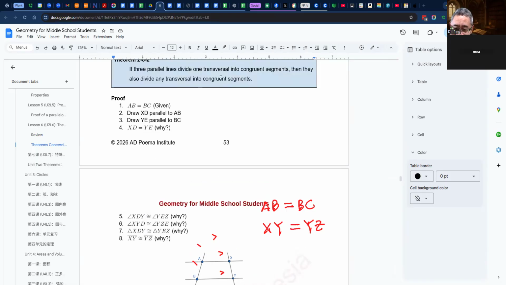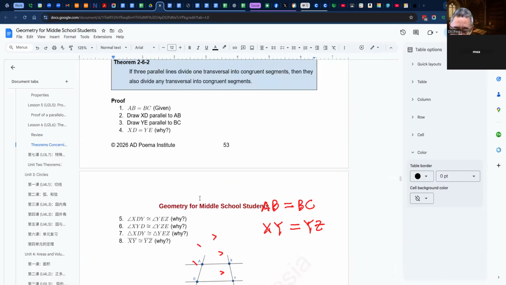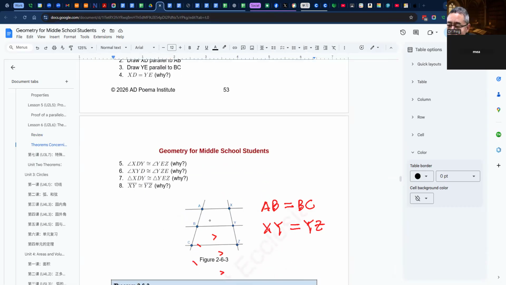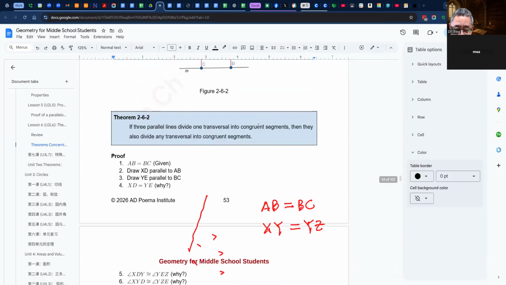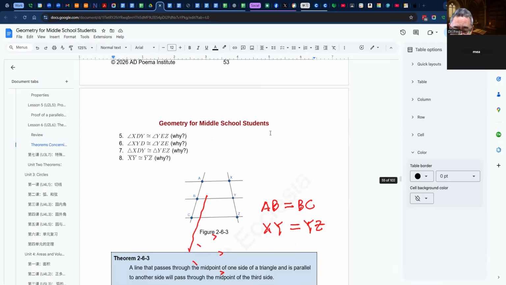So this is basically what this theorem says. If three parallel lines divide one transversal, the one on the left is one transversal, into congruent segments, that means AB is equal to BC.